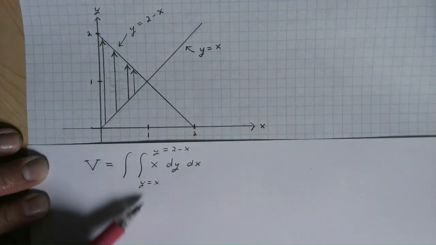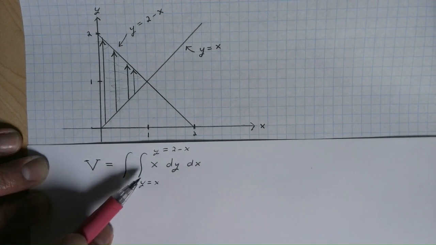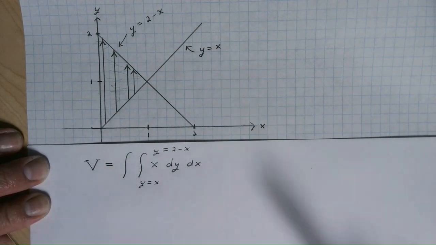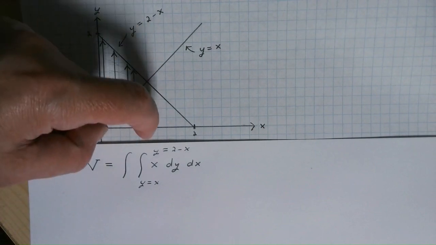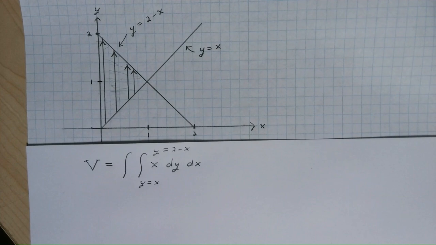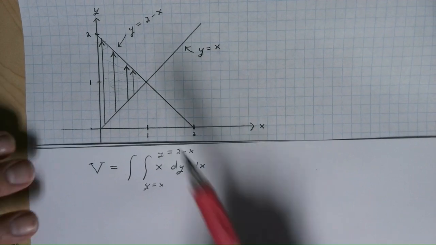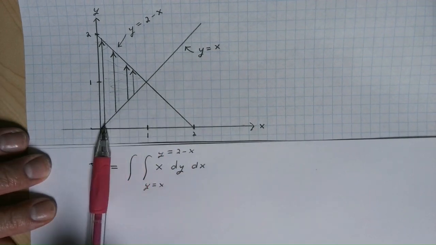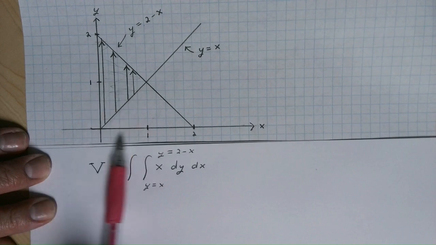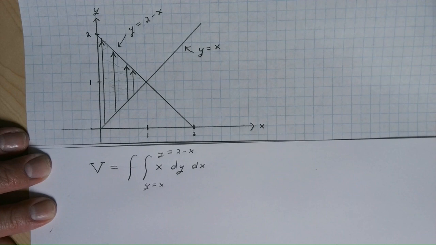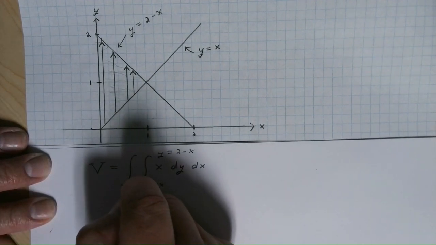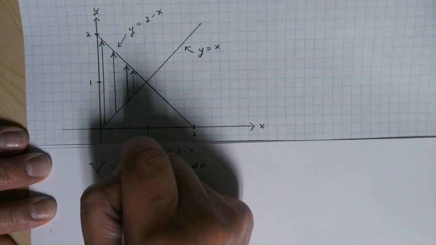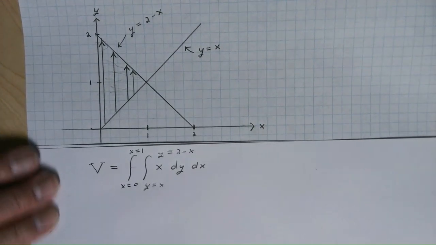Once you put that inner bound in, then you just look to see where everything projects on the x-axis. In other words, you're just looking for what values are covered by the region on the x-axis. It looks like it's covered from 0 to 1. So that's going to be x equals 0 to x equals 1, like that.